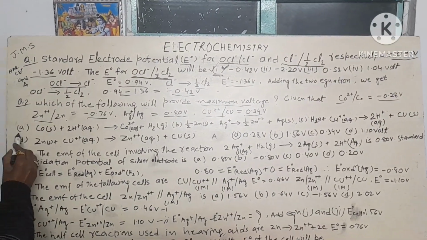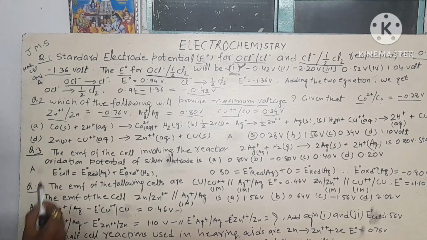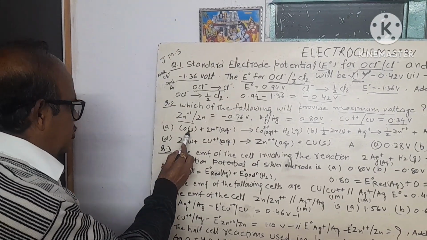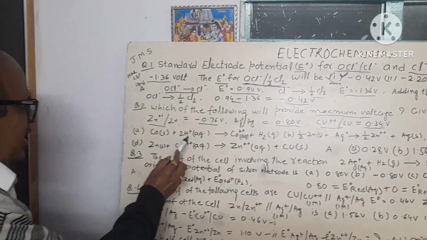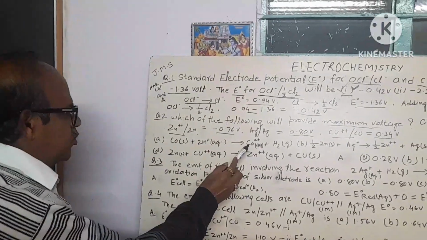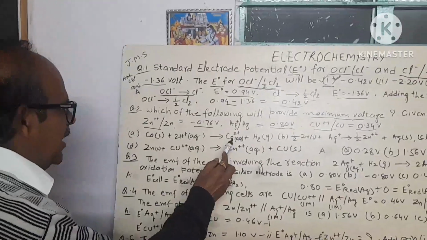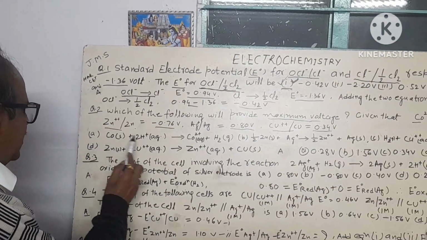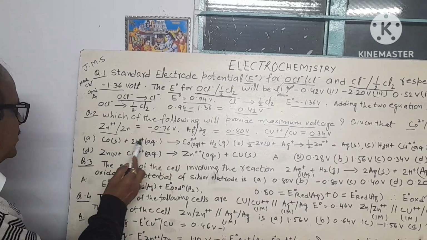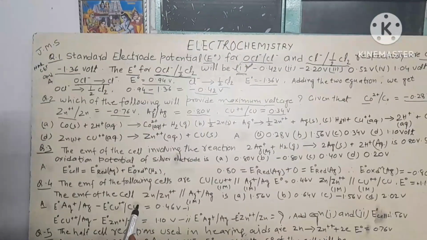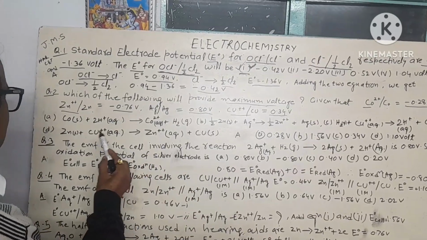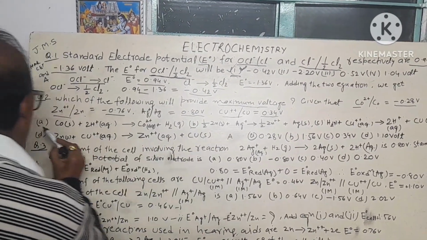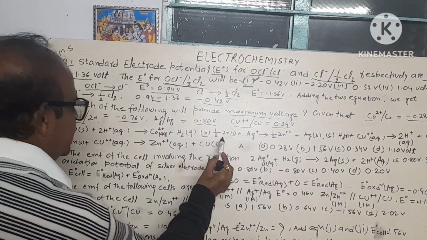The first option is this: cobalt solid plus 2H plus aqueous is giving cobalt 2 plus ion aqueous plus H2 gas. This is the first option. Second option is this.